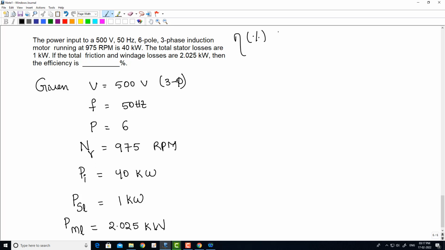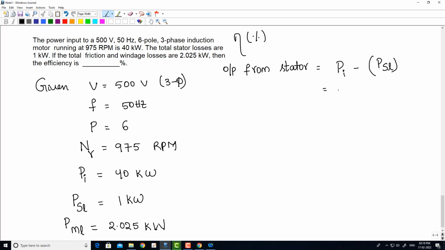First, we need to find out the output power from the stator. Output power from the stator is equal to input to the stator, that is Pi minus stator losses.